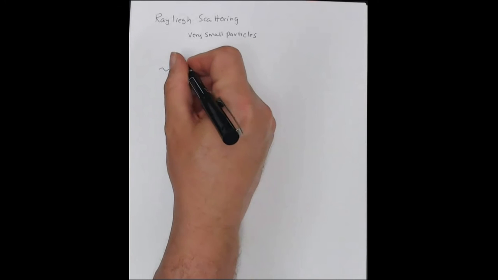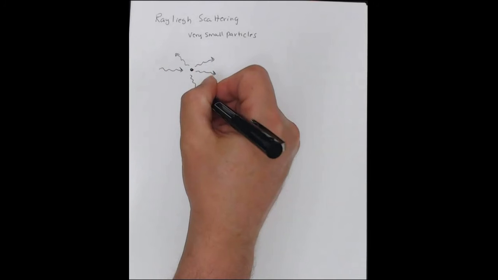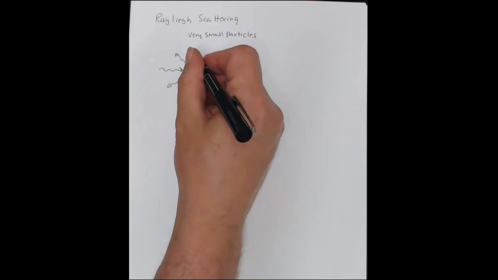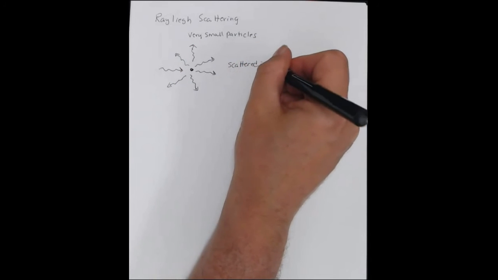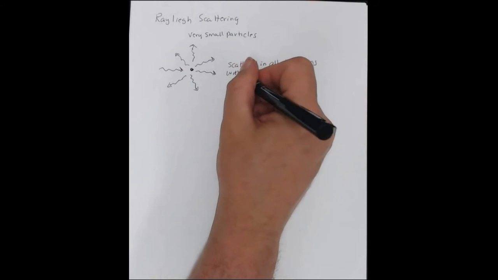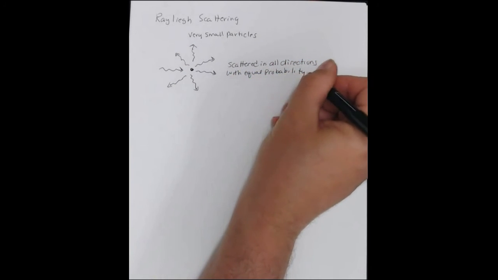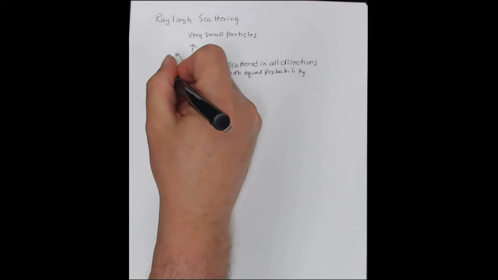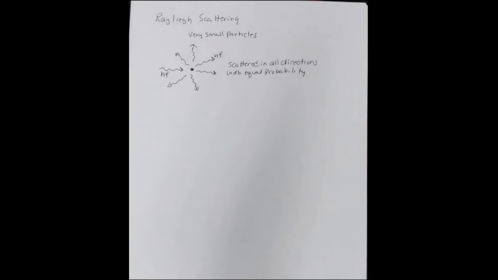So in this case, the re-emitted light, the scattered light could come out this way, it could come out this way. It can come out in all directions equally probable. The energy of the incoming photon is hf, and so is the outgoing, the scattered. There is no change. This kind of scattering explains the blueness of our atmosphere.